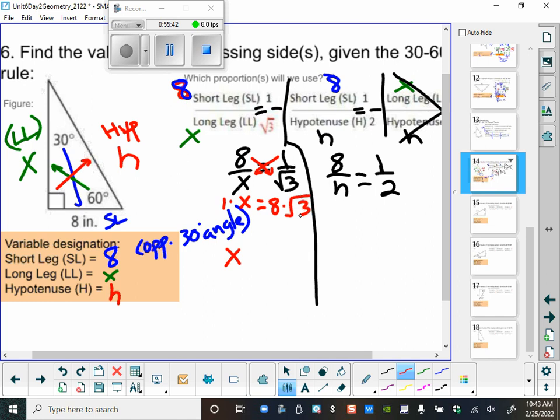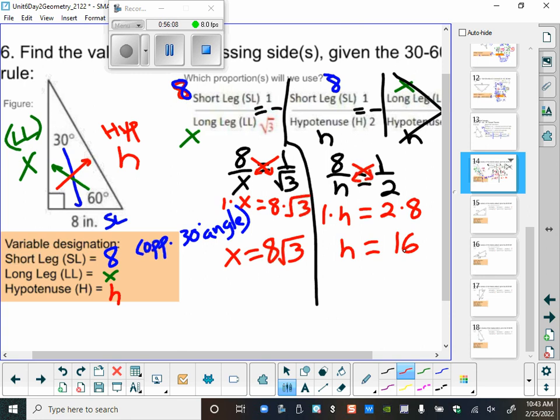No, we can leave it. Is there anything else we need to do? No, that's it. Same thing over here. What's 8 times 2? H is going to be 16. 1 times H, H. 16.